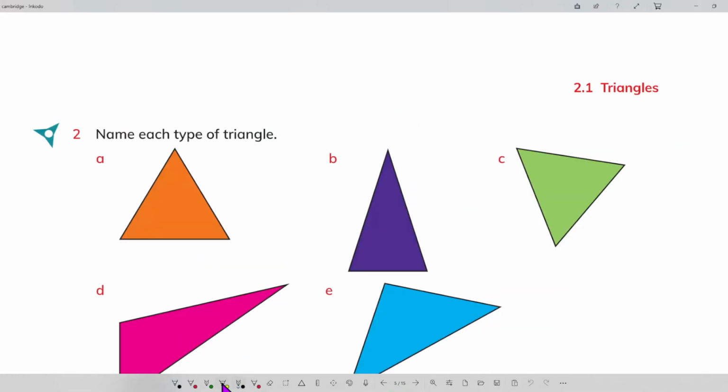Number 2, name each type of triangle. So this is very simple. Number A should be equilateral. Here two sides are the same, so it should be isosceles.